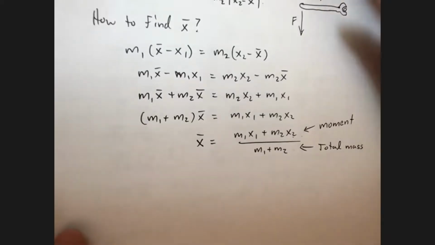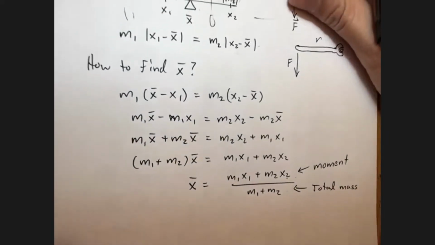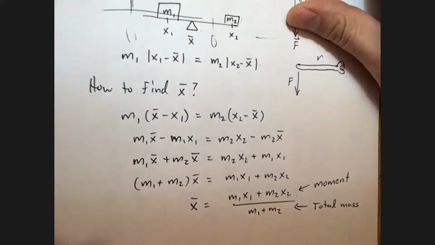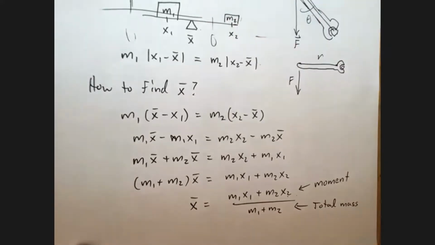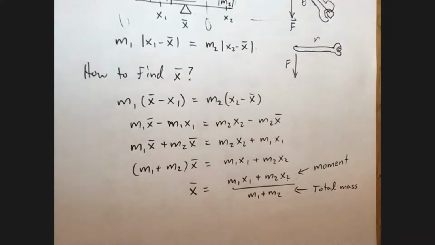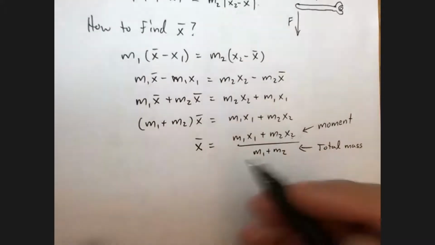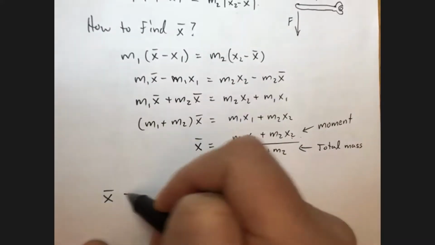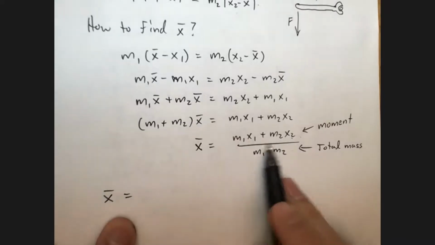And this is also a situation where we just have two masses. But if you work it out for more than two masses, suppose a whole bunch of children jump onto this teeter-totter, the same formula works. In fact, you could do this for any number of children.